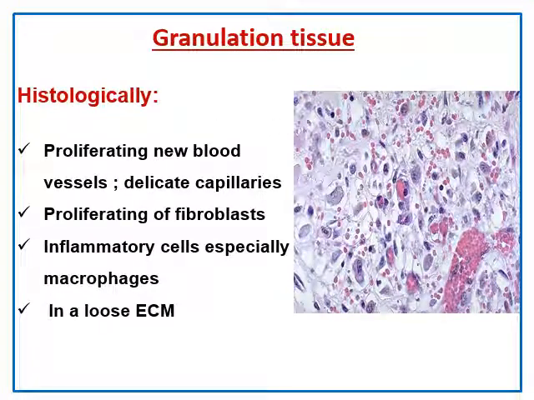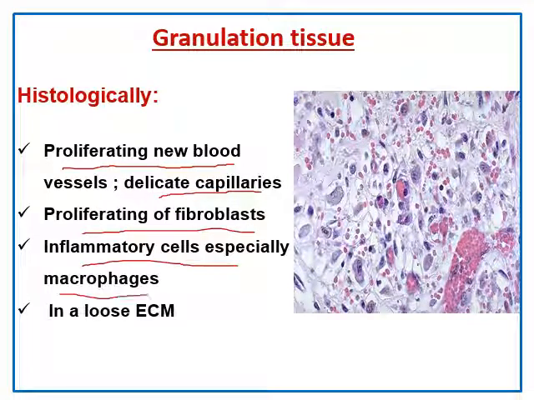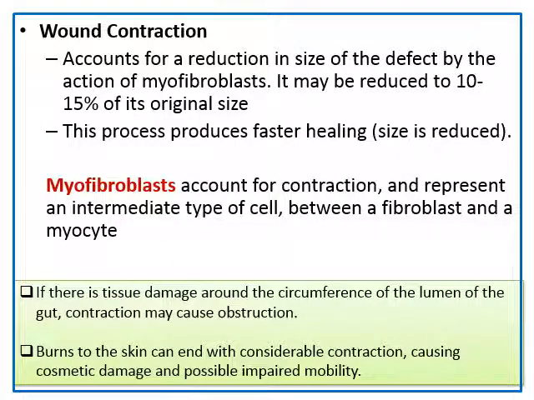Well, histologically, granulation tissue is formed of proliferating new blood vessels, delicate capillaries, proliferating fibroblasts, inflammatory cells, especially macrophages, and loose extracellular matrix.